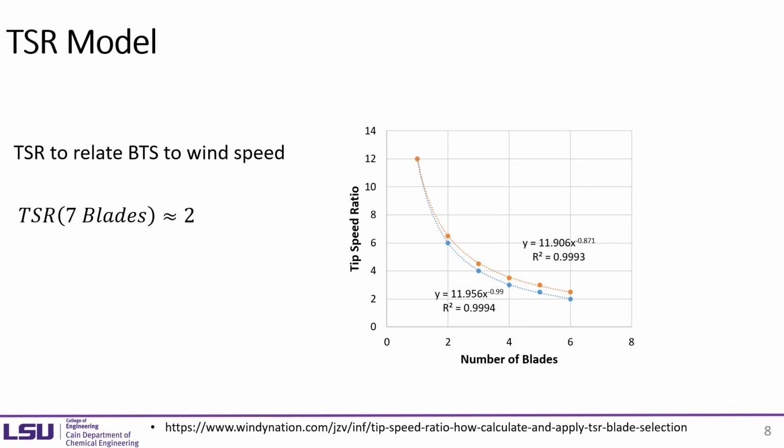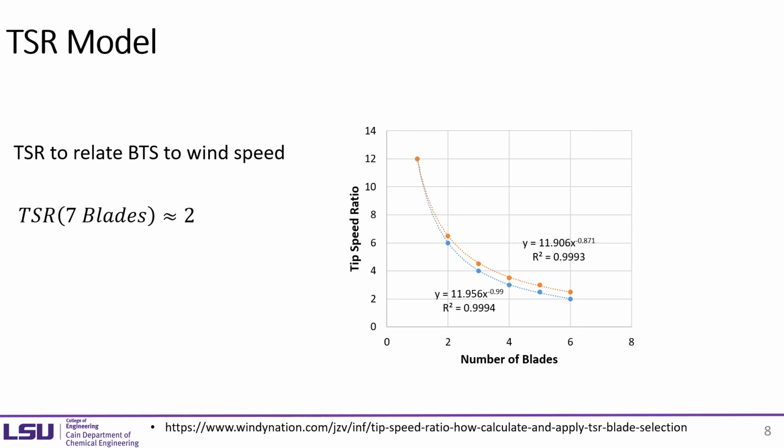So where does this tip speed ratio number actually come from? From literature data, we know an upper and lower limit of the tip speed ratio at different numbers of blades for the fan. And so on the right, you can see a graph that shows a model, and you can see the orange line, that's the upper limit of the range of the tip speed ratio, and the blue line is the lower limit of the range.